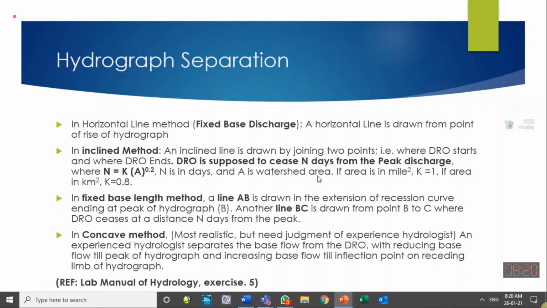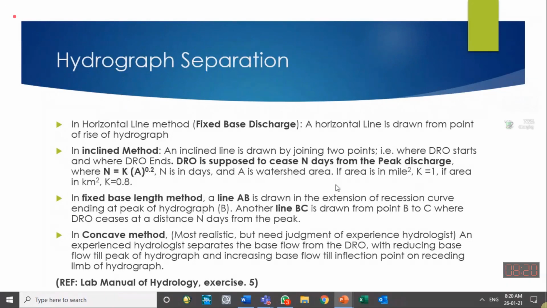Either it can be in miles square or in kilometers square. If it is in miles square, then the k value is taken as 1. If the area is in kilometers square, then the k value is taken as 0.8. Let us assume that the watershed area is in miles square. Then the simple formula is N equal to A to the power 0.2, because k is equal to 1.